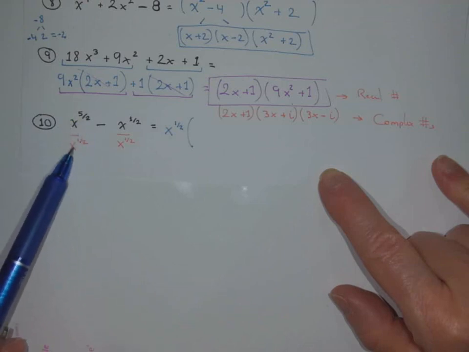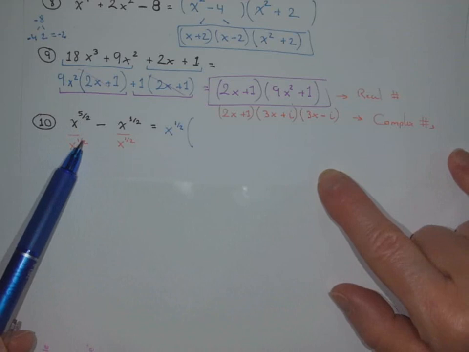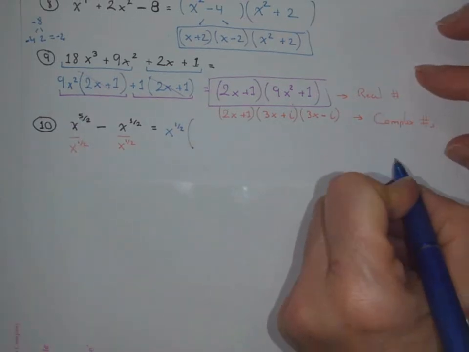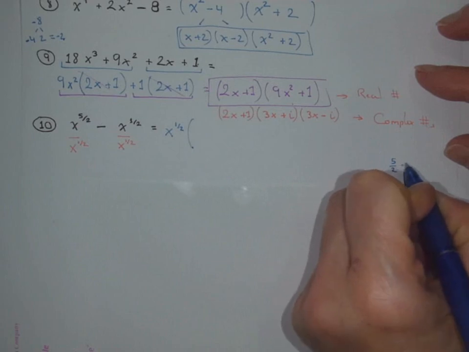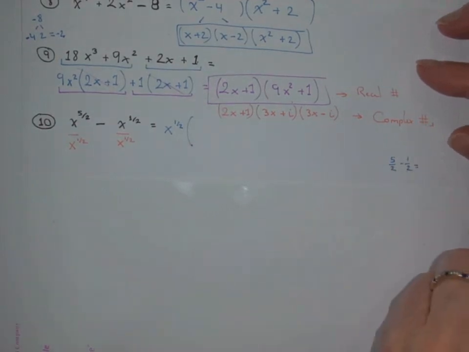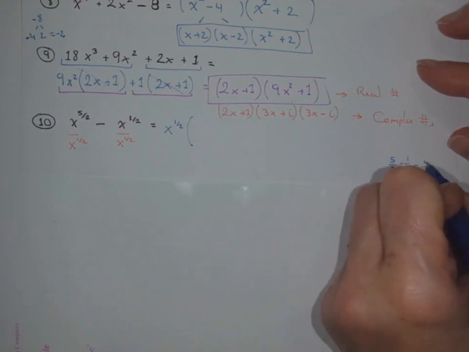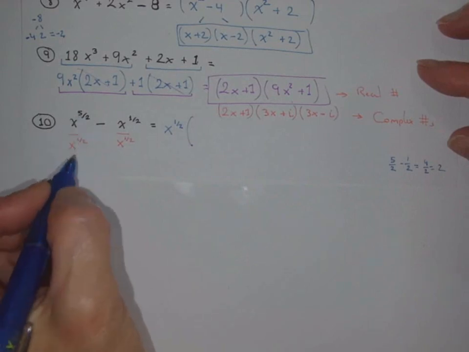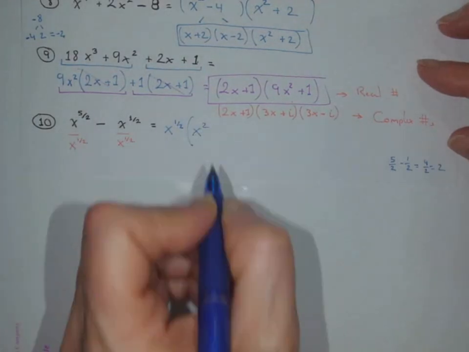When we divide the same bases, we subtract the exponent. So what is 5/2 minus 1/2? Well, on the side here, we're going to write it down. 5/2 minus 1/2, right? They already have a common denominator, so that's kind of cool. 5 minus 1 is a 4, so that's 4 over 2, which just simplifies to 2. So this here becomes an x squared.